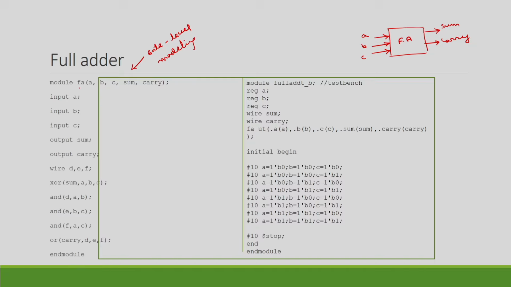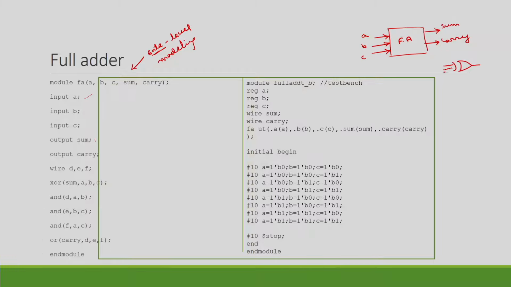Module name full adder, then A, B, C, sum, carry. As usual, we have defined input ports and output ports, and the wires we have defined as D, E, F. Why are the wires required? Because we are going to use gate level, I should have the circuit diagram of this full adder.